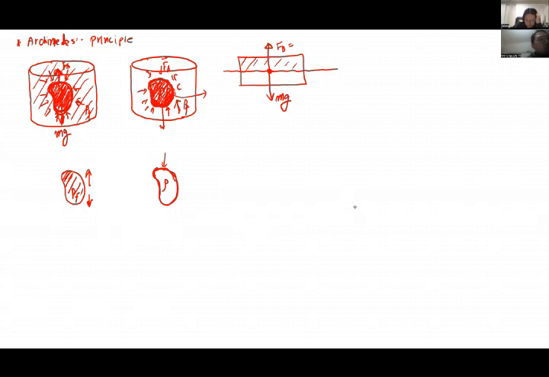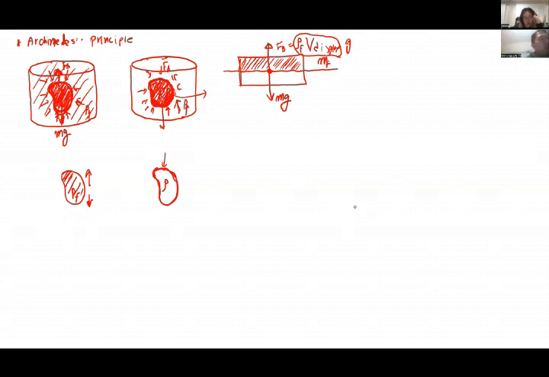So the buoyant force is the density of the fluid times the volume of this plate times g. This is rho F times V F, the volume displaced by the body.